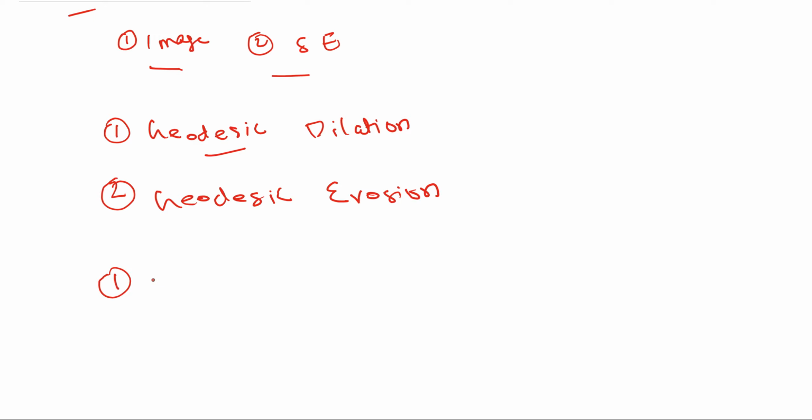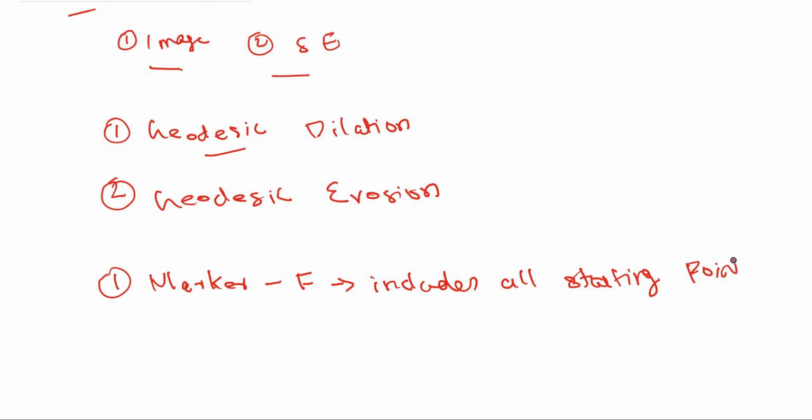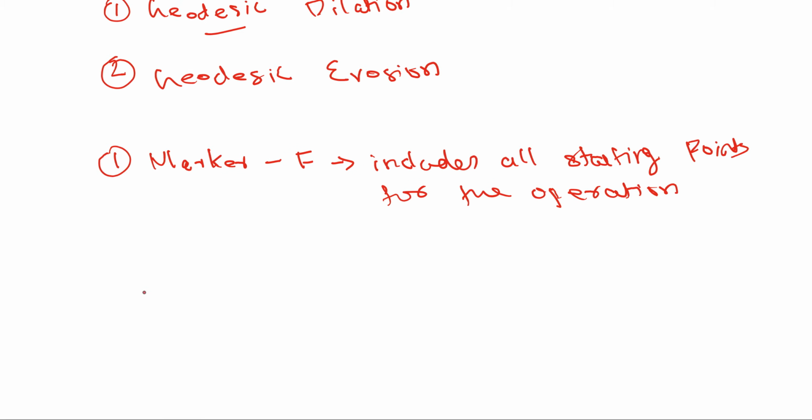The first one is called a marker, and we will denote that with a symbol F, and that includes all starting points for the operation. The second one is called a mask.